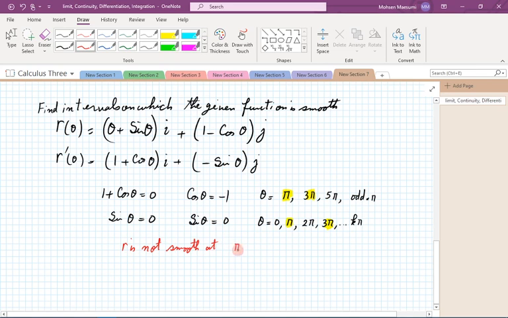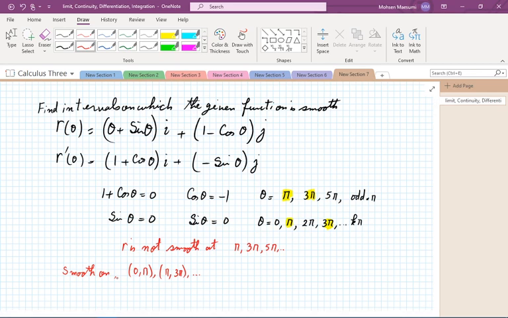So that would be pi, 3 pi, minus pi, and so on. So r is smooth from, say, 0 to pi, everything's okay. Then from pi to 3 pi, again, it's okay. So the other side of the coin is to single out where it is smooth, meaning you have not reached those particular corners.